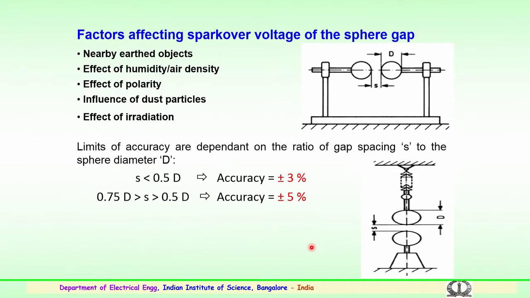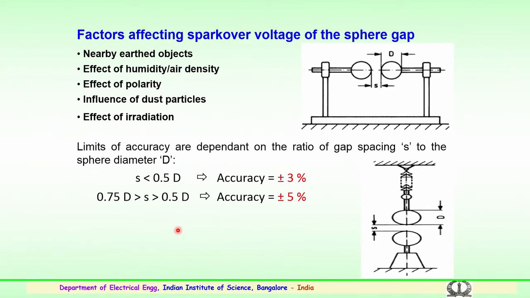So, what are the factors which could affect the proper measurement of the spark over voltage by using the sphere gap assembly? Again, this has been represented here for the horizontal assembly. D is the diameter of the sphere, S is the distance between the two spheres used for measurement. Similarly, for the vertical arrangement, D is the diameter, S is the distance between the spheres. The factors which could affect the spark over voltage of the sphere gap assembly are the nearby earthed objects.